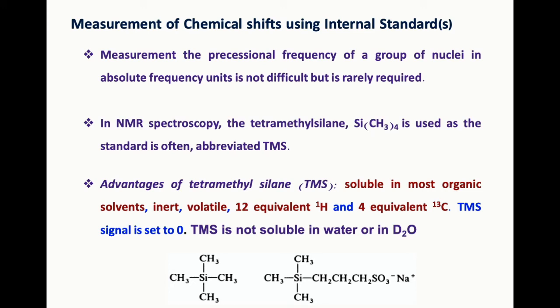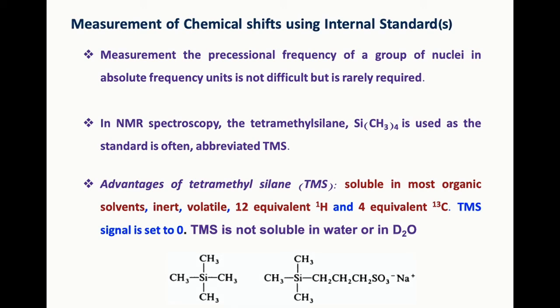After recording the proton NMR spectrum of an unknown compound using TMS, we will observe a very intense proton signal due to the 12 protons of TMS on the extreme right hand side, and that particular signal will be set to 0. Accordingly, the other proton signals will be rearranged, and we will measure the chemical shift values.